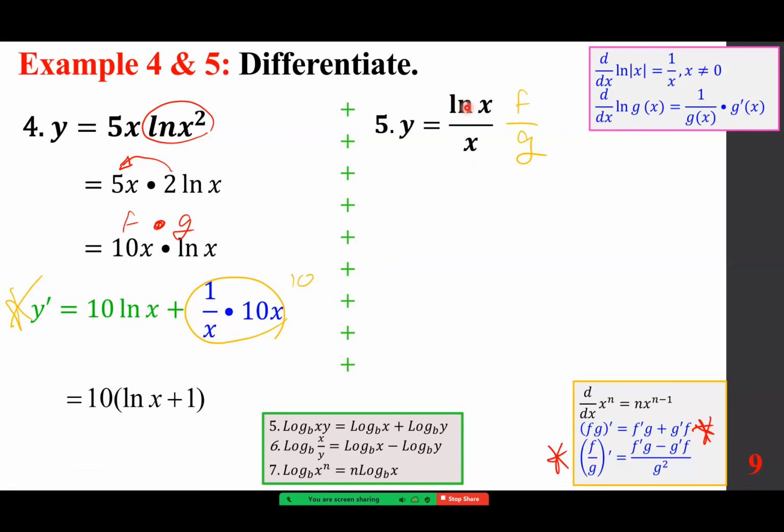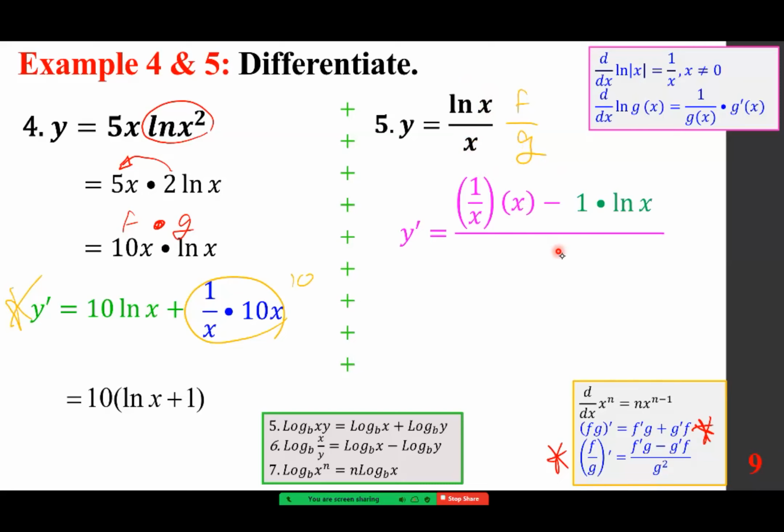So f prime is 1 over x times g, which is x, minus I need g prime f. g is x, g prime is 1, times ln x, over g squared. That means put this in and square it.